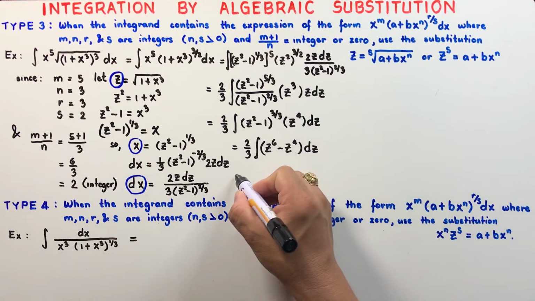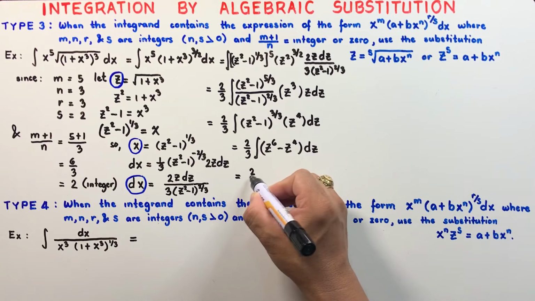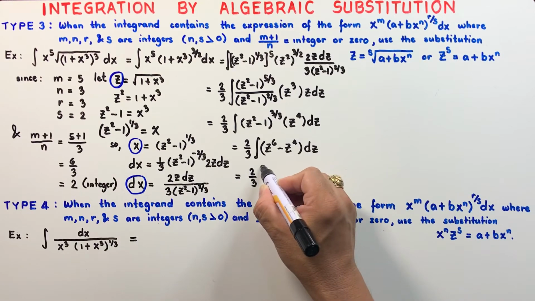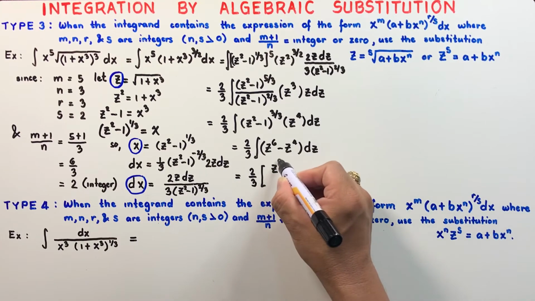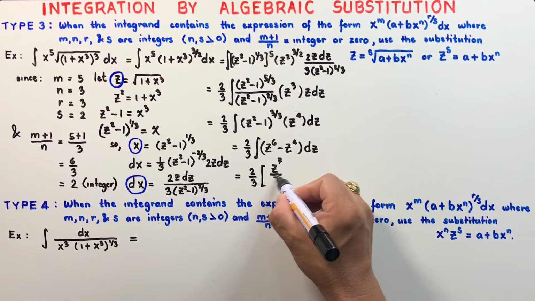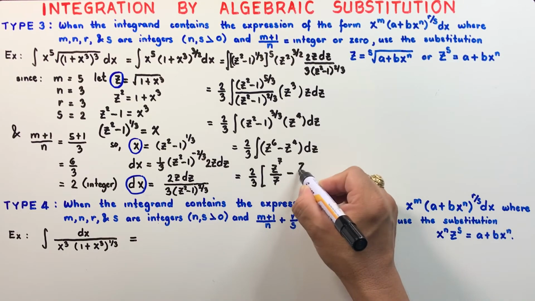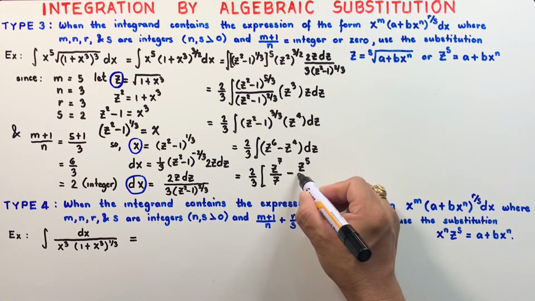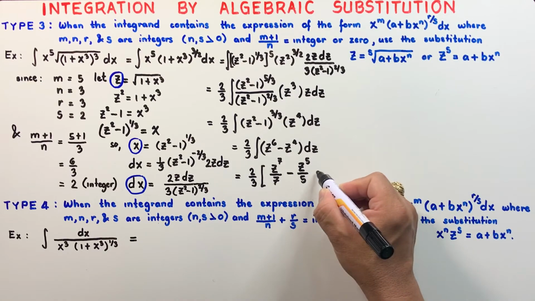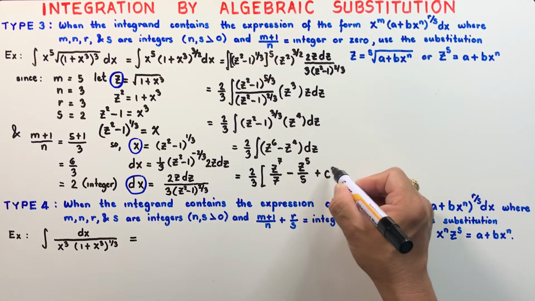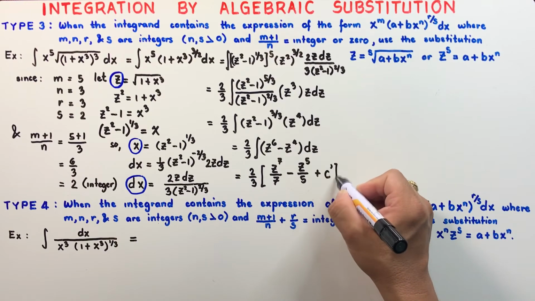Then therefore, solving for the integral, we have 2/3 times z to the power 7 divided by 7 minus z to the power of 5 divided by 5 plus the constant of integration, say c prime.